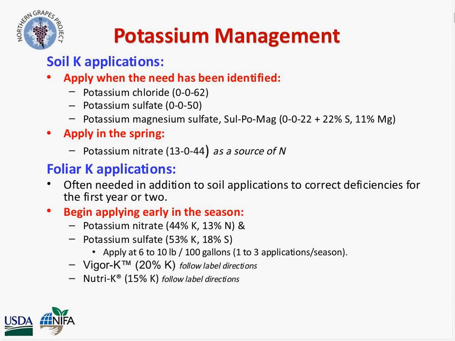But be careful, approach cautiously, because I've seen cases where a vineyard showed potassium deficiency 1 year, and the grower went into foliar, and it was excessive that following year. Another way to manage potassium is through mulch, straw mulch under the vines.